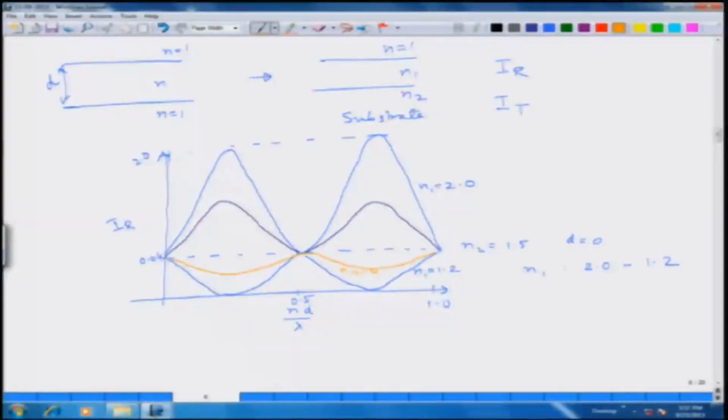So, the maxima and minima in the intensity come at certain values depending on what N1 is. Now, it has a very interesting implication, which means that if I have N1 at 1.2 at this value and at this value, my reflected light is 0, right.